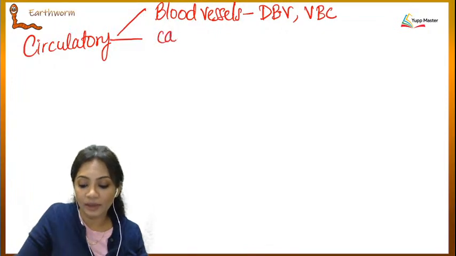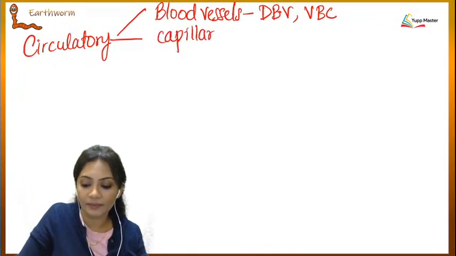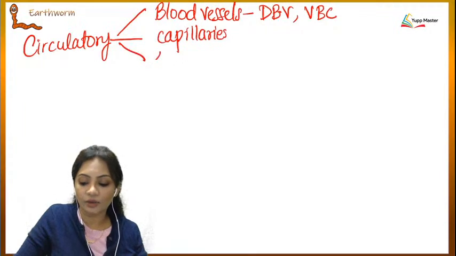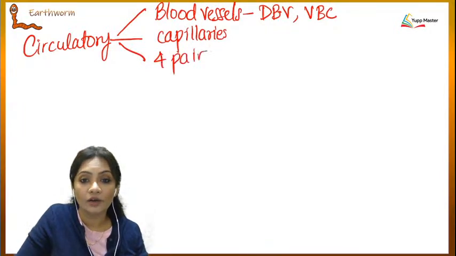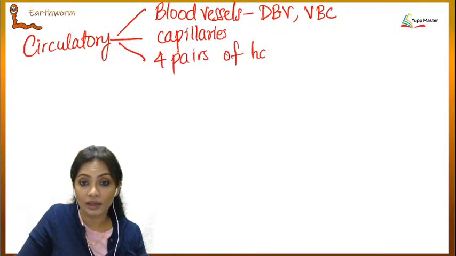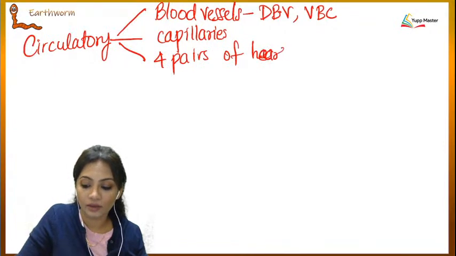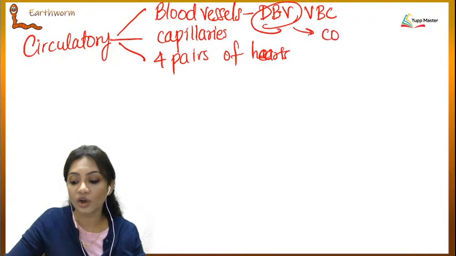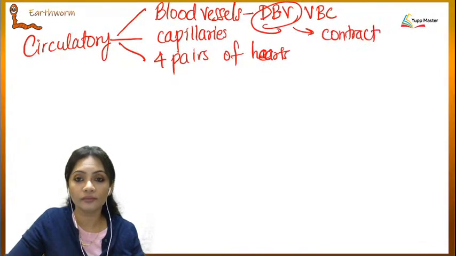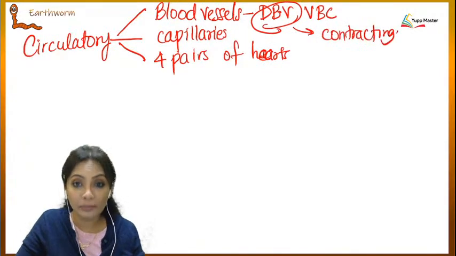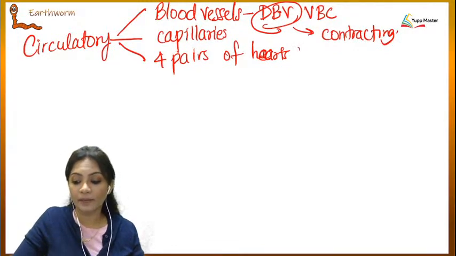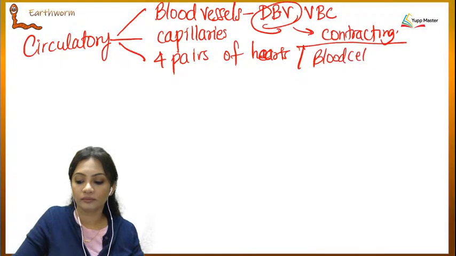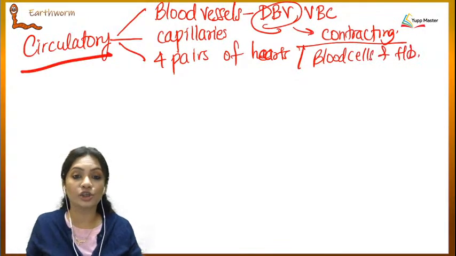Then there were capillaries. Then there were four pairs of hearts. Remember it was the dorsal blood vessel which was constantly contracting. Also, what was the blood made up of? Blood was made up of blood cells and hemoglobin. So that was the circulatory system.